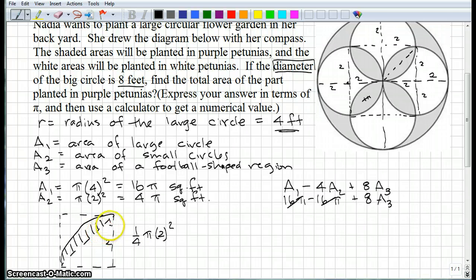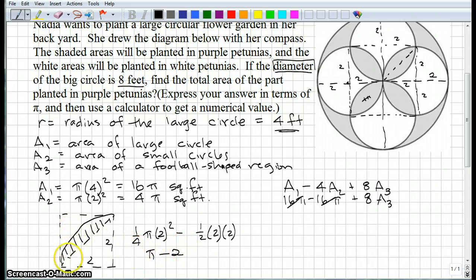Then we're subtracting out this triangular region, which has a height of 2 and a base of 2. That's 1/2 base times height. So 2 squared is 4, and 1/4 of 4 is just 1, so we have pi minus, 1/2 of 2 is 1 times 2, so pi minus 2.